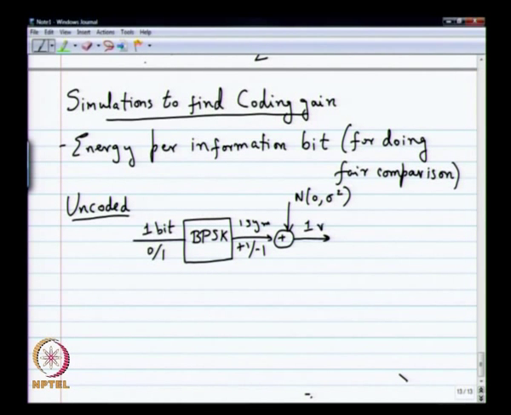So just one value and you make a decision. If you talk about energy per information bit, which is usually called Eb, energy per information bit is basically defined as the variance of the symbol here.